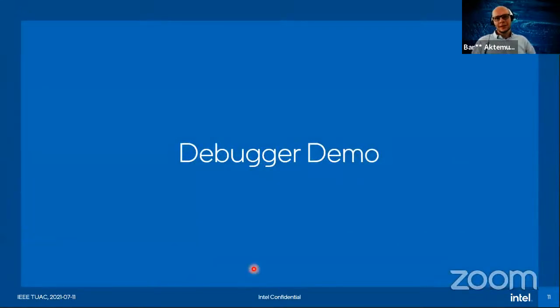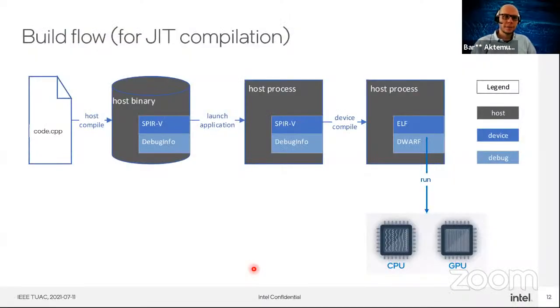So this was the debugger demo, and now I would like to talk about how things work, and then I will be done. So here is the build flow, and what we see here is for JIT compilation, just-in-time compilation.